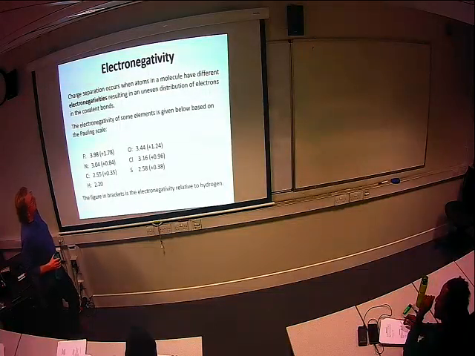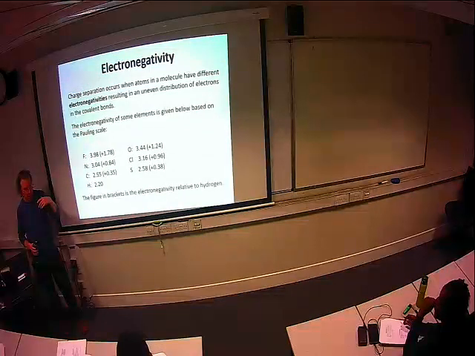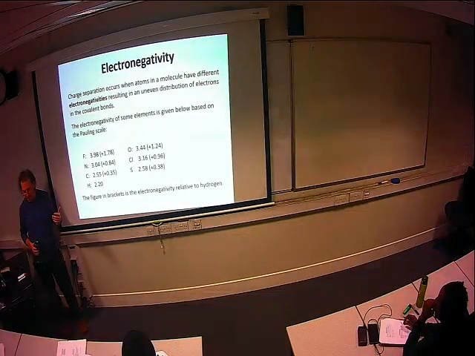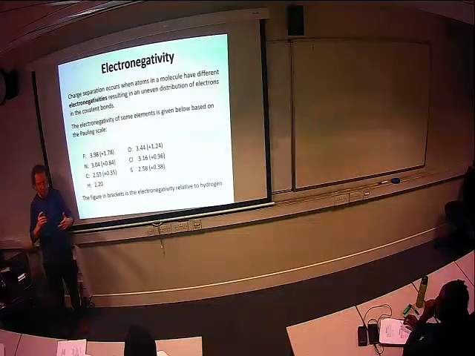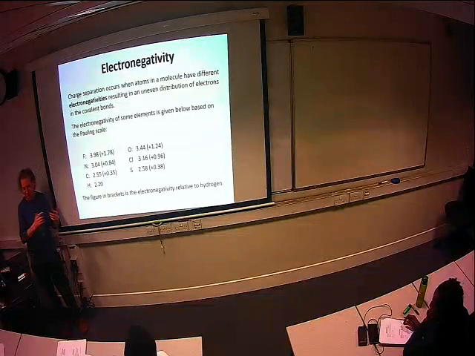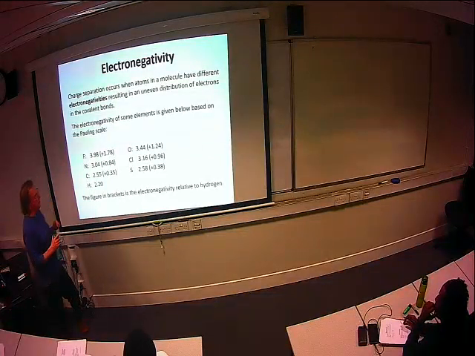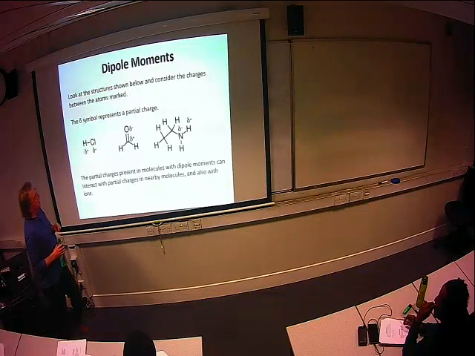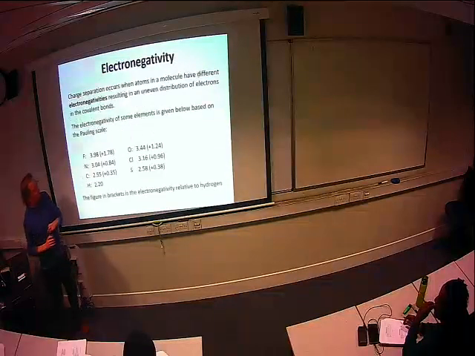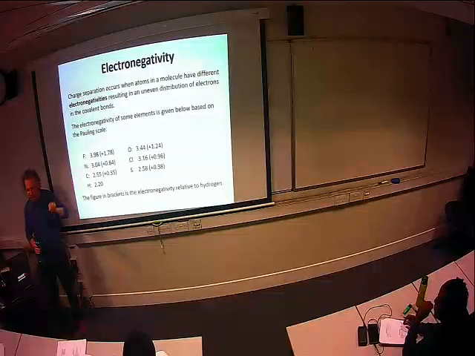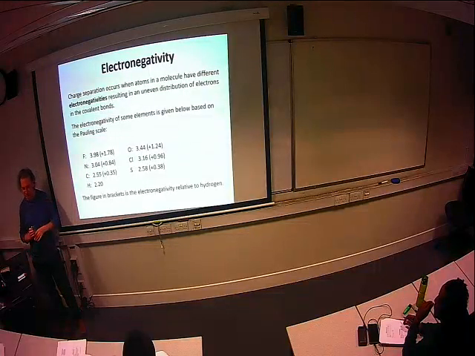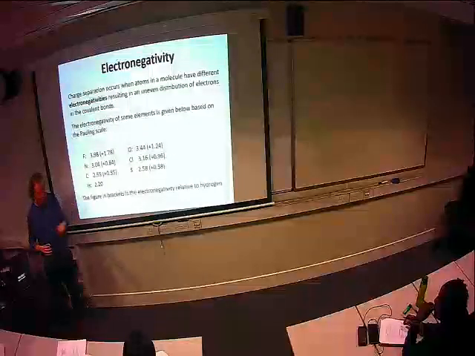But electronegativity comes out of the atomic structure of each different type of atom, the precise arrangement of the protons in the nucleus and the electrons that surround the nucleus. And it's an empirical term, so it comes out of looking at the properties of lots of different molecules and looking for patterns in how different atoms behave within those molecules.